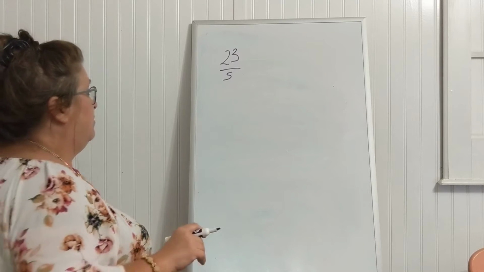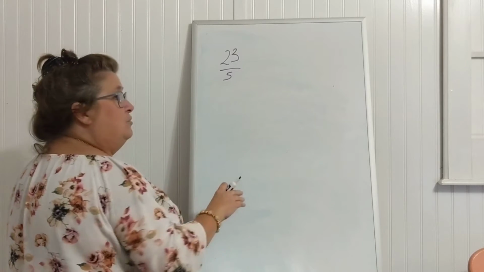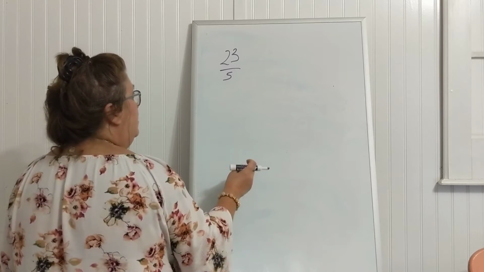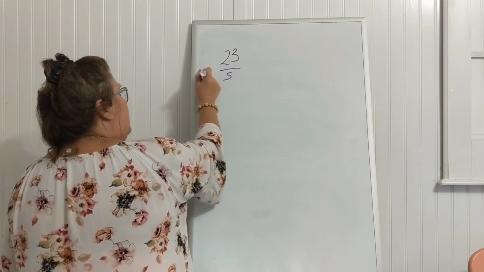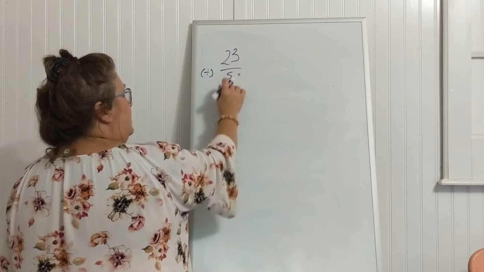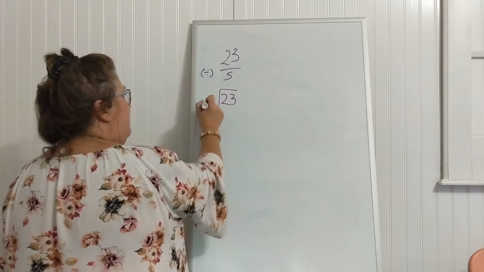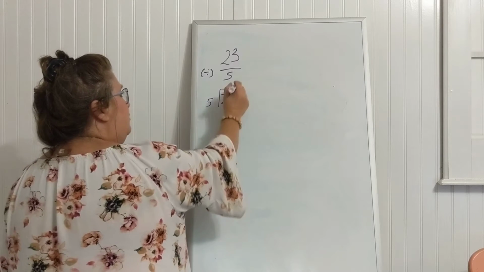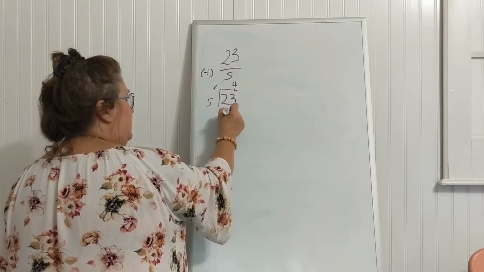So that is improper. So we turn that improper fraction into a whole or mixed number by dividing 23 divided by 5. Remember that fraction bar? That's the same as a division sign. So 23 divided by 5. 5 will go into 23 4 times. 5 times 4 is 20.